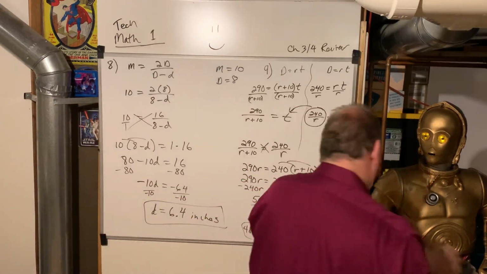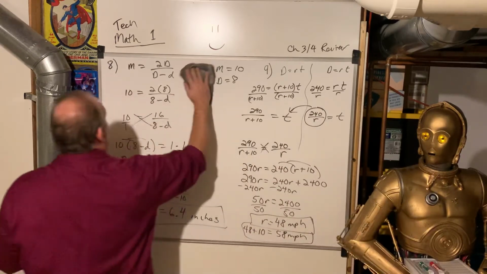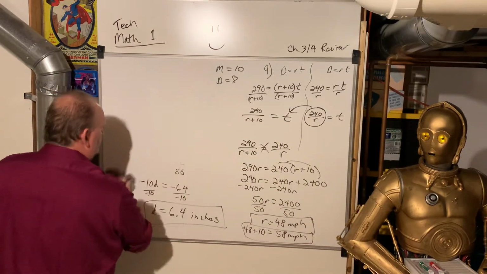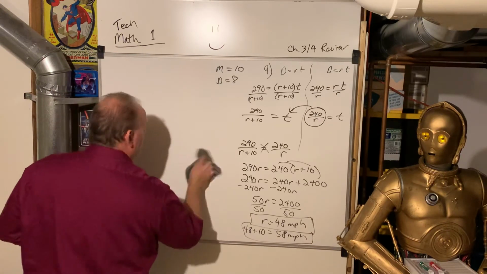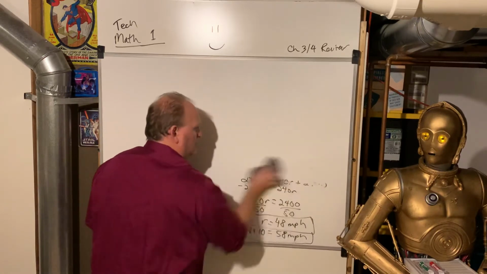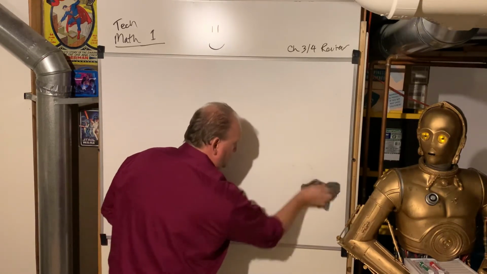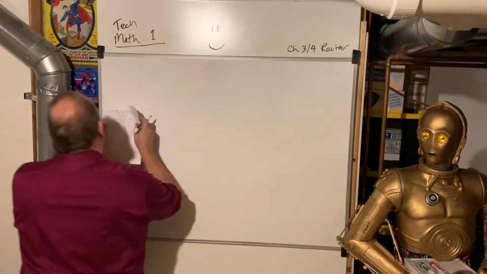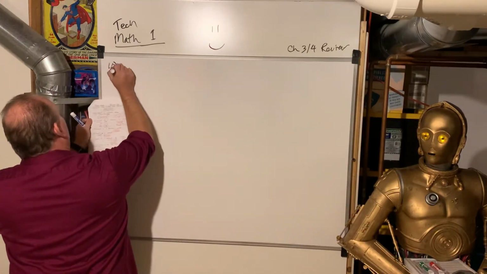All right. Okay, let's look at the next set of problems on the review. This is the chapter 3, 4 review 2. And so these are a little easier than the word problems, I think.